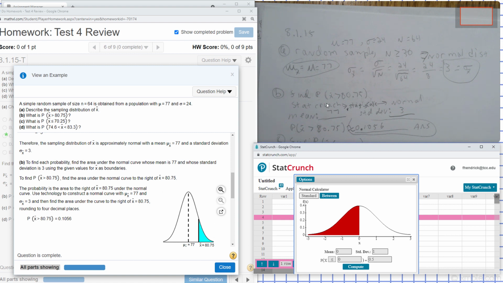What's the probability that the mean will be greater than? For the mean, we have 77, and standard deviation, we have 3. And we want x to be greater than 80.75.